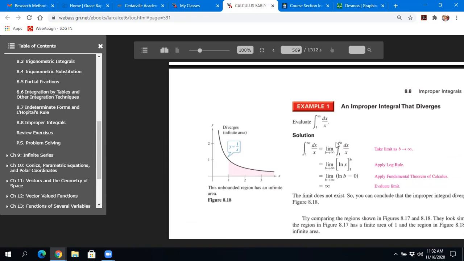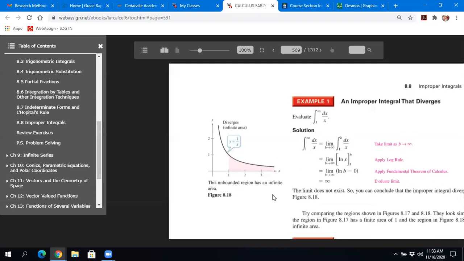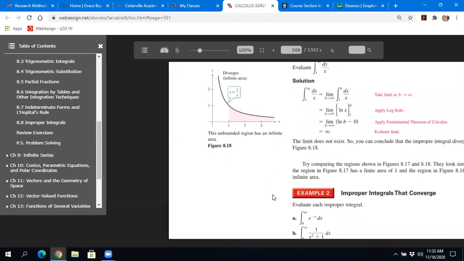Well, we turn that into a limit as the upper limit goes to infinity. This is going to be logarithm of x. The antiderivative of 1 over x dx is logarithm of x. You plug in logarithm of b minus logarithm of 1, which is 0. And you know that that goes to infinity. So that integral diverges. That's what we say, okay, in that case.